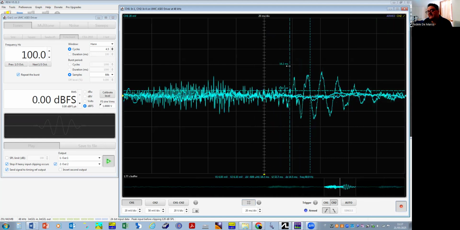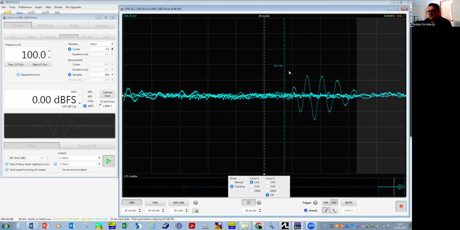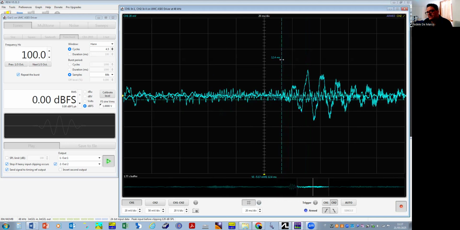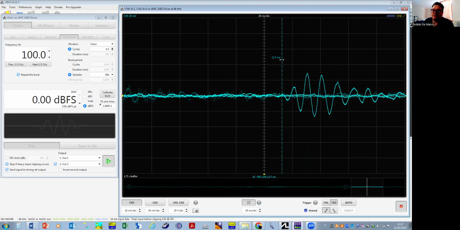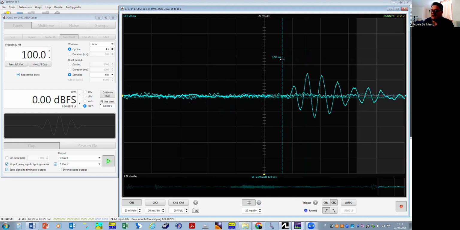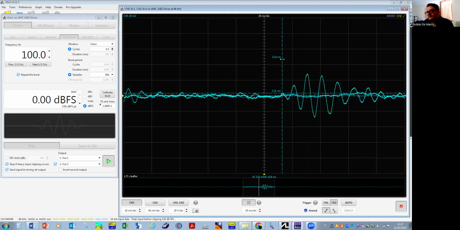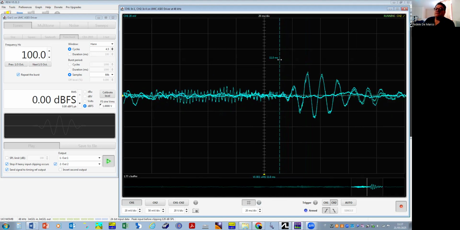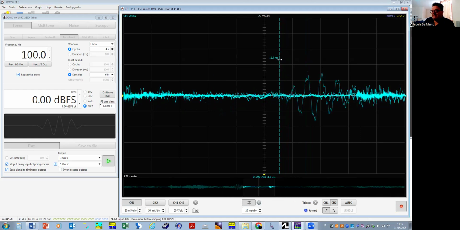I eliminate the second. I put the first cursor on the start of the oscillation of the wavelet to have a good reference point, a graphical point. Okay, this is a good reference to start.